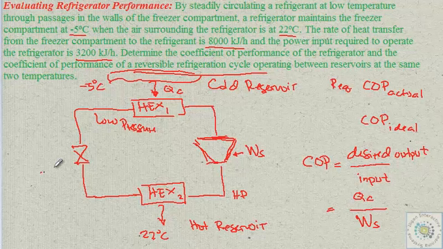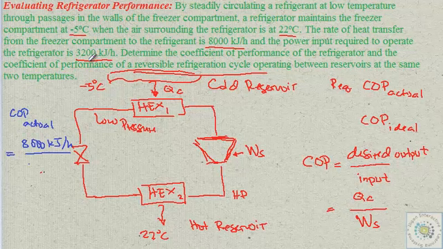In this case, the COP actual will simply be equal to QC over the shaft work. It's given here that the rate of heat transfer you're able to remove from the freezer compartment is 8,000 kilojoules per hour. How much shaft work do you supply?